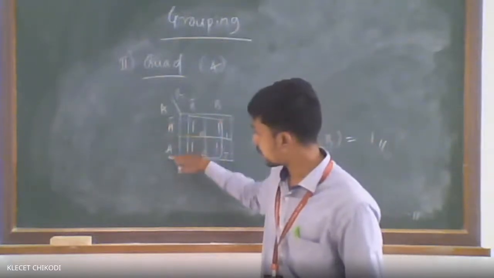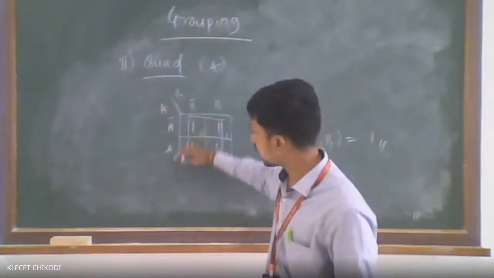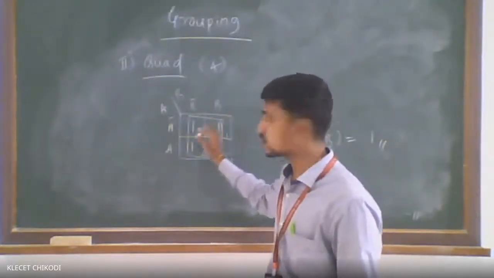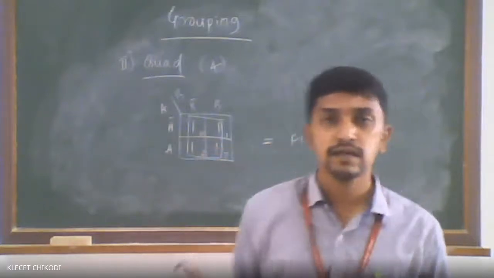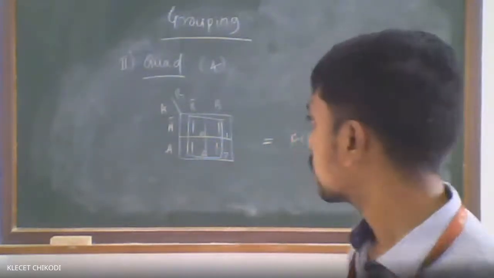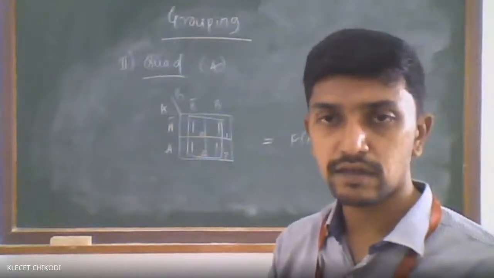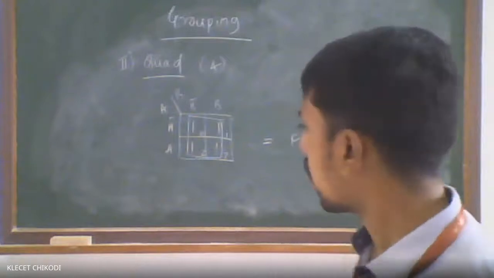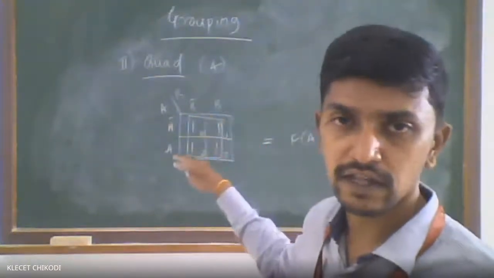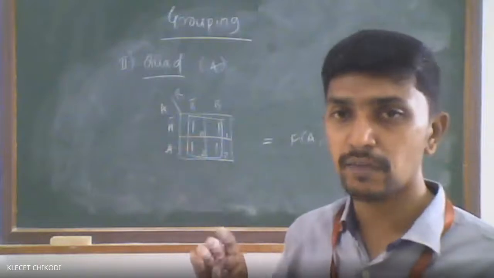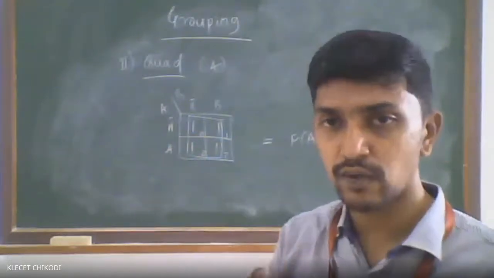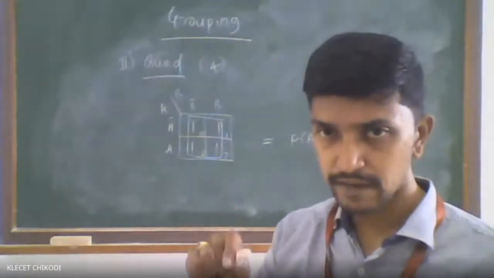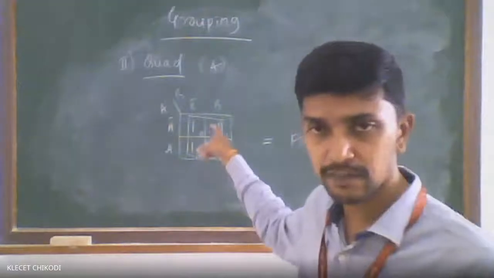Value is changing from A bar to A row wise, and column wise also it is changing from B bar to B. One simple information you need to remember here is, whenever in any K-map for 2 variable, 3 variable or 4 variable K-map, when all the cell values are 1, considering SOP, that Boolean expression leads to 1. Is it clear?